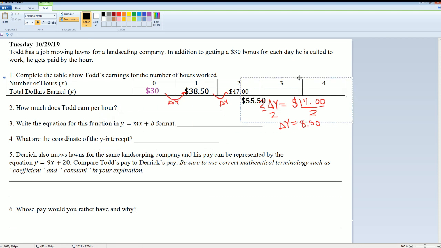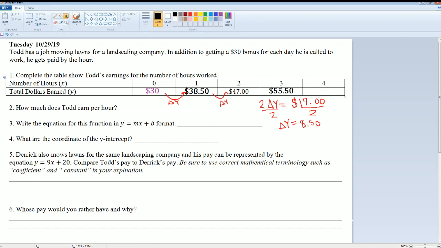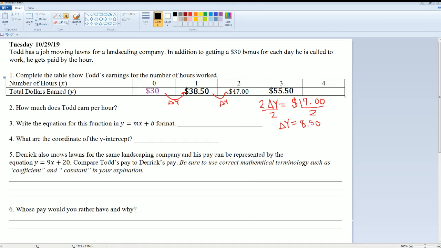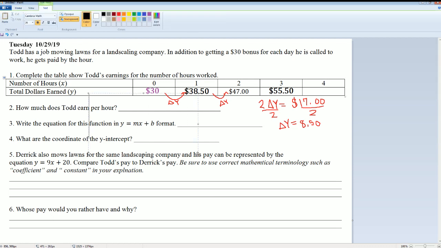And one more: $55.50 plus $8.50 becomes $64. So this one is $64.